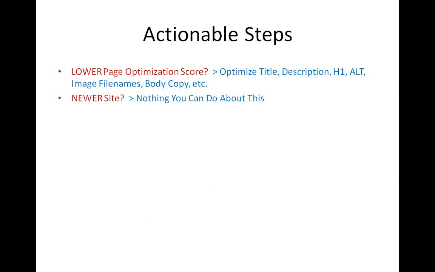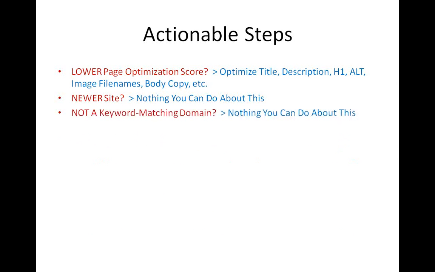If your website is not as aged as the competition, there's actually nothing you can do about this. You should keep working on all the other metrics, but it's still good to know, oh, maybe I'm doing as well as all these different websites, but they have a slightly older site, so that's why they have a small advantage. Unfortunately, this is a very important factor, but if you do everything else right, you can sometimes outweigh an older site.